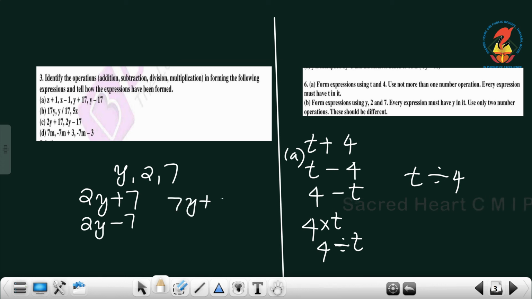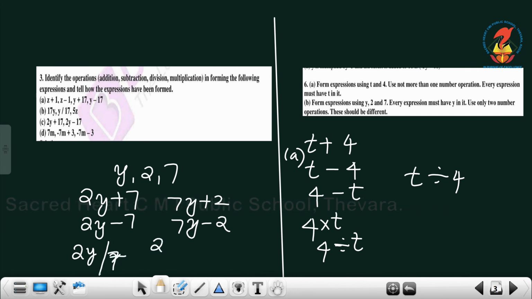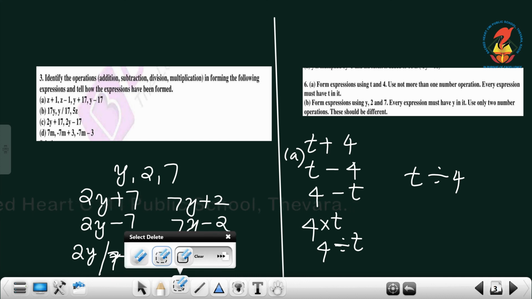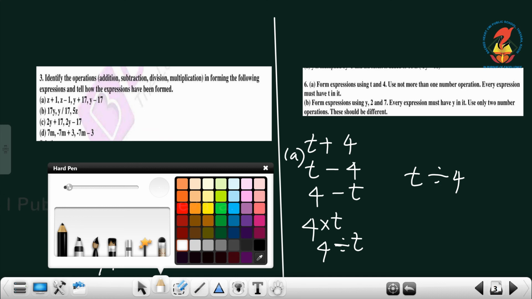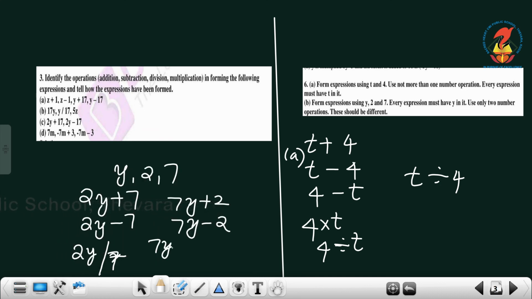Then 7y plus 2, 7y minus 2. Then what you can write? 2y divided by 7, 7y divided by 2 and so on. You can write like this. These are the operations.